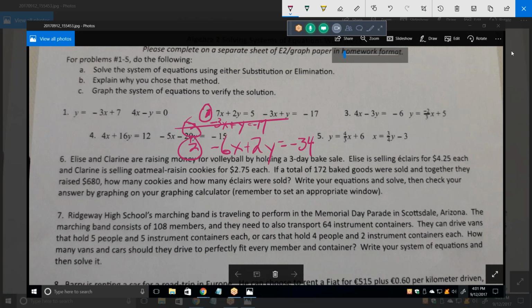Now, how do I get a variable to disappear? You do elimination. But what do I do? Do I add the two equations or do I subtract them? Subtract.